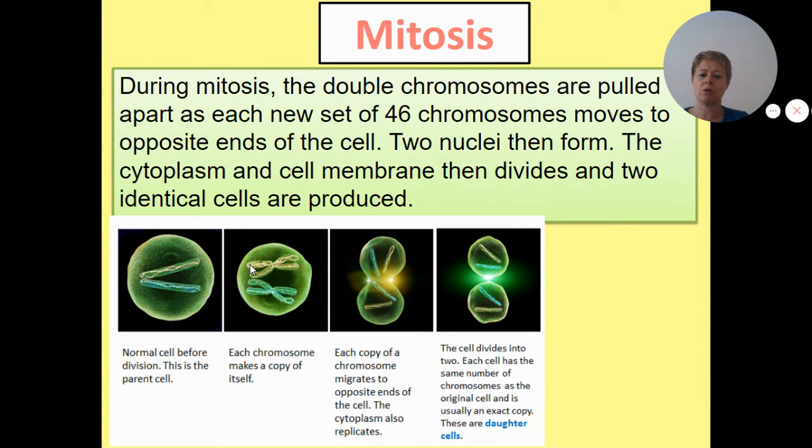So we've got a chromosome here, a chromosome here, then we've got a chromosome here and a chromosome here. So they've copied themselves. They will actually line up along the middle of the cell, and then one of each copy is pulled in opposite directions. New nuclear membranes form, and we end up with 2 new nuclei. Okay, so daughter cells, as they're known, that are identical to the parent cell.